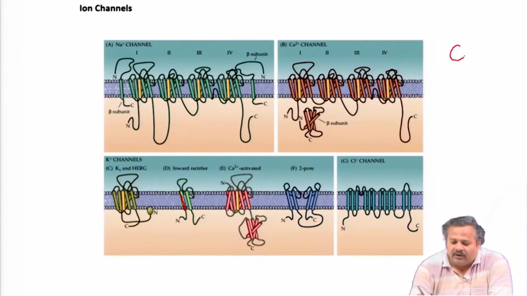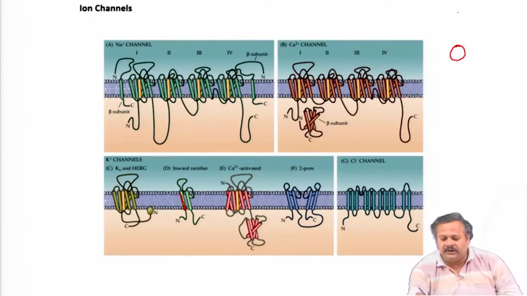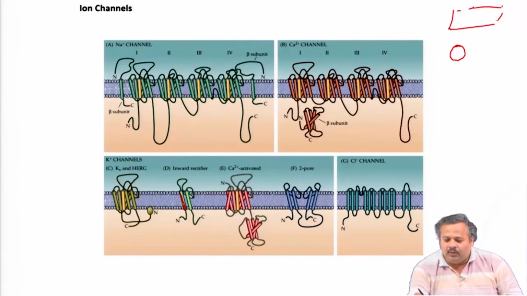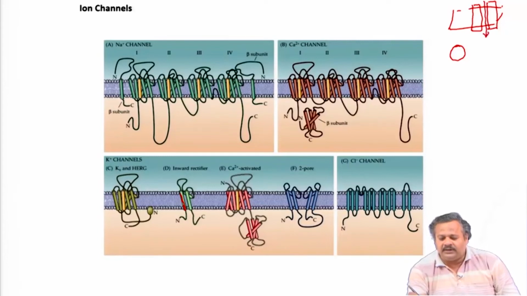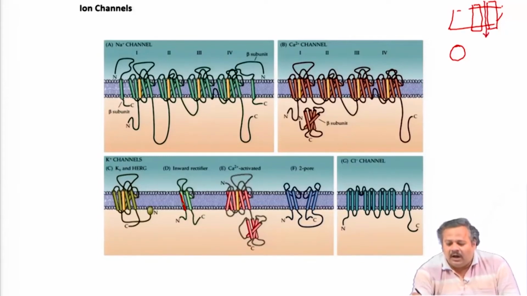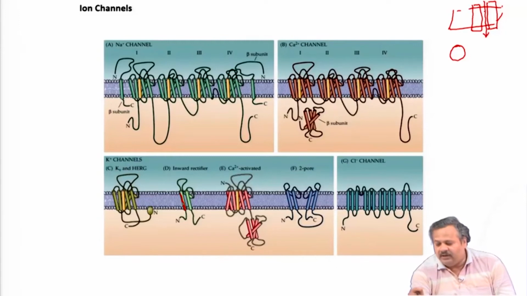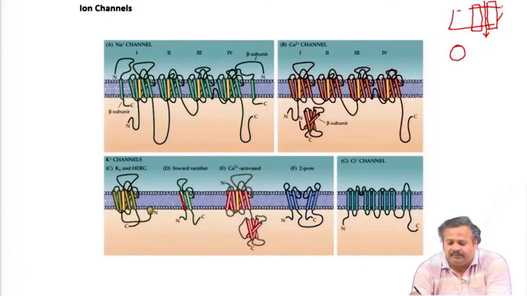Let us say this is the membrane, and we have the potassium channel represented in there, where it allows potassium to go through from outside to inside or inside to outside, depending on the gradient of potassium.